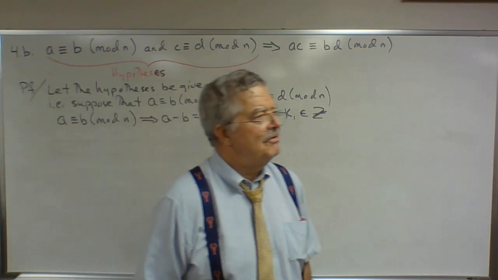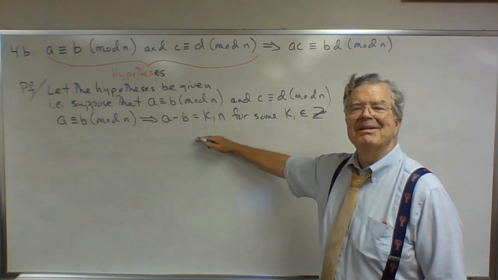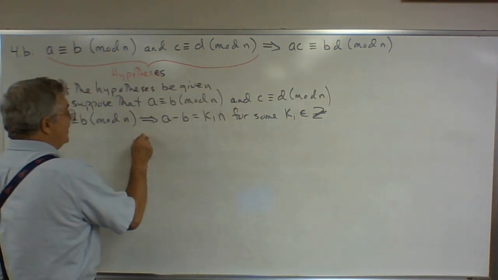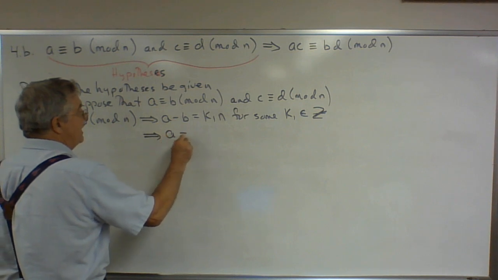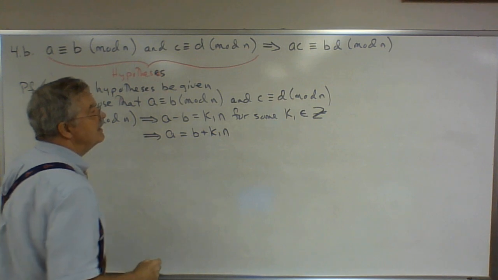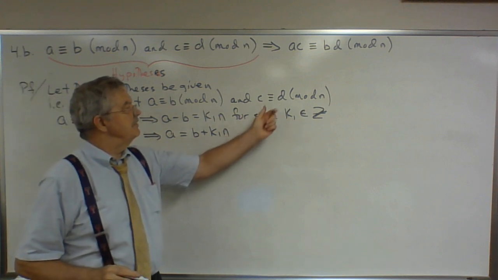You know, you can't teach an old dog new tricks, and I guess that's why I didn't learn from the last proof. What I want to do is take this thing and rewrite it. A is equal to B plus k1 n. I'm pretty sure that's what I want to do.